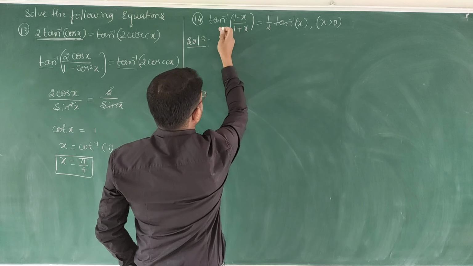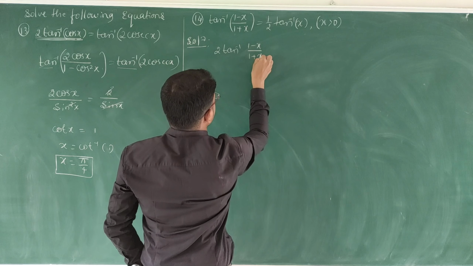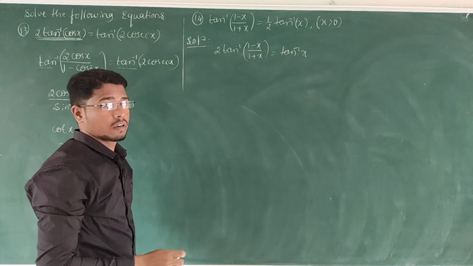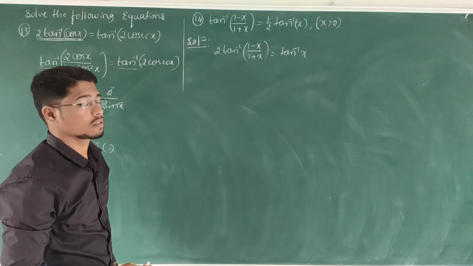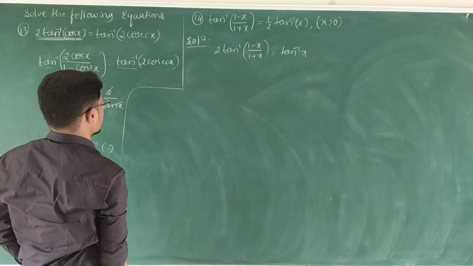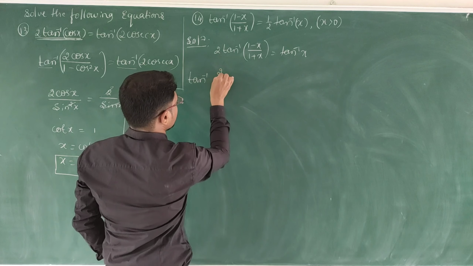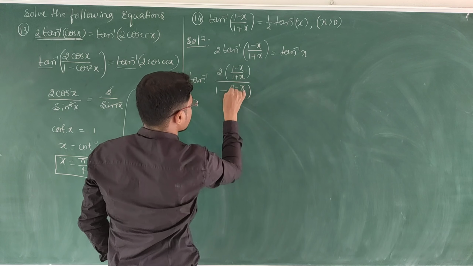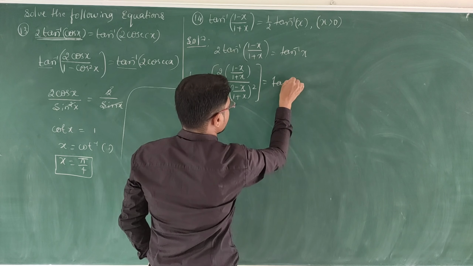Take the 2 to this side: 2 tan inverse of 1 minus x divided by 1 plus x is equal to tan inverse x. So again the 2 tan inverse x formula, that is tan inverse of 2x divided by 1 minus x square, the same formula we have to use here. Tan inverse of 2 times (1 minus x divided by 1 plus x) divided by 1 minus (1 minus x divided by 1 plus x) whole square is equal to tan inverse of x.